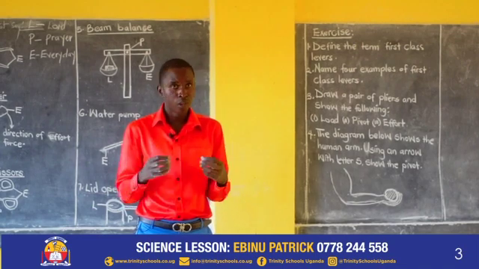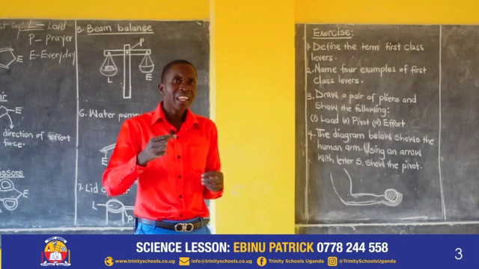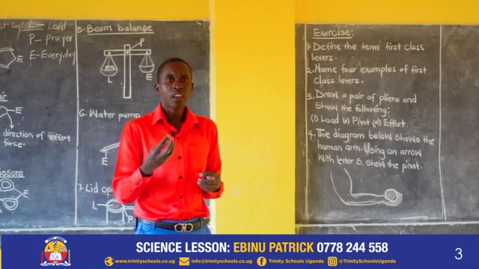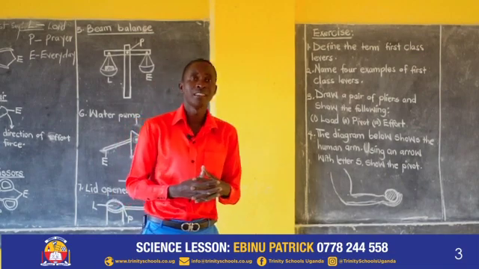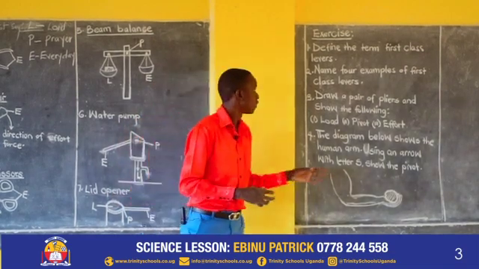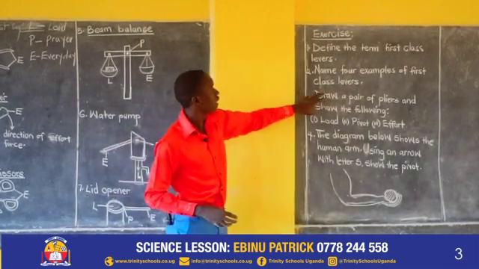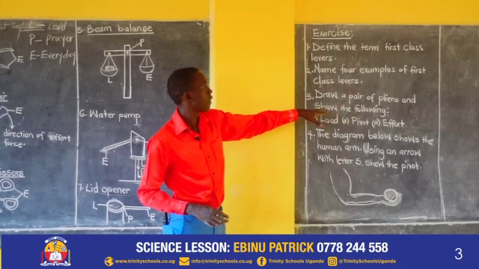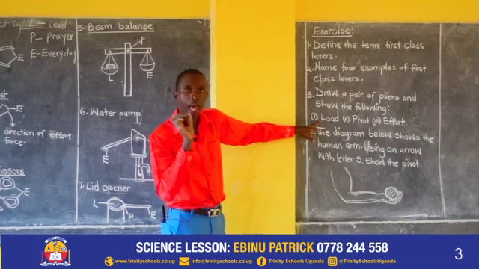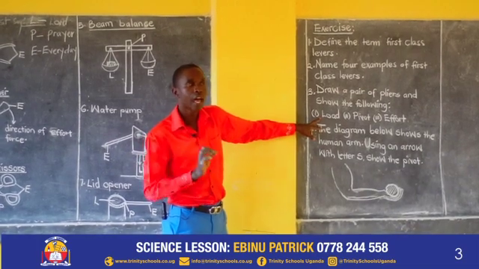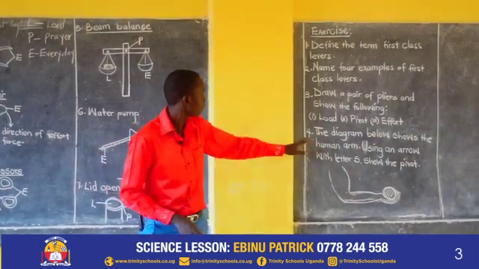But ask mommy or daddy to show you what we call a pair of pliers if you have one at home. So number 3 is instructing us to draw a pair of pliers and show the following parts. One, show the load on that pair of pliers.